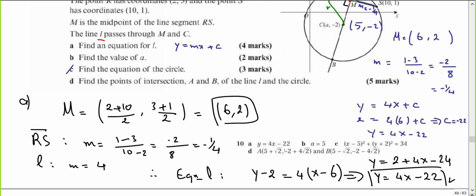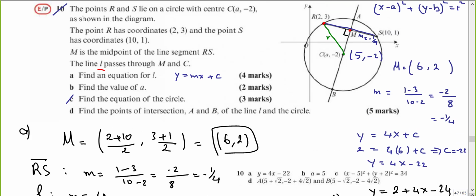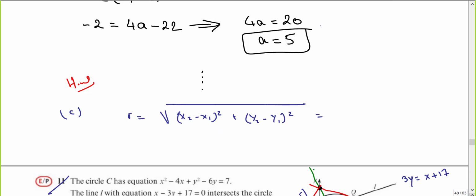The 2 points you will be using are these 2 points here, the center and R. We have the center (5, -2). You have R (2, 3). So you can get this.